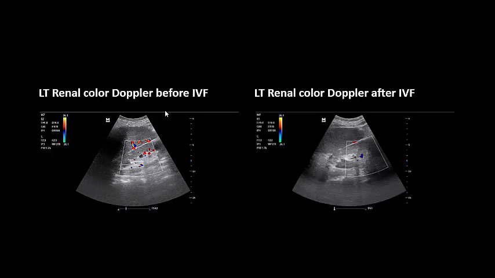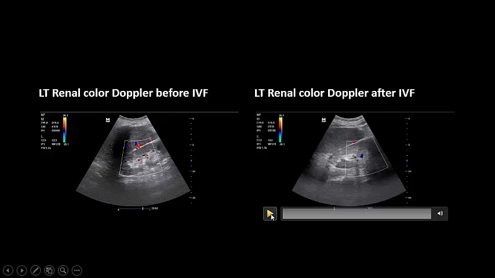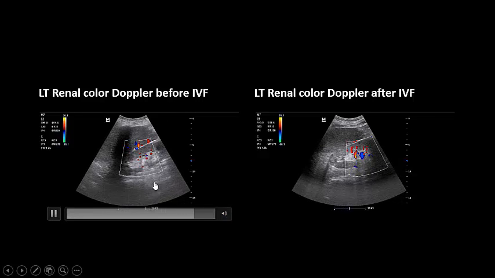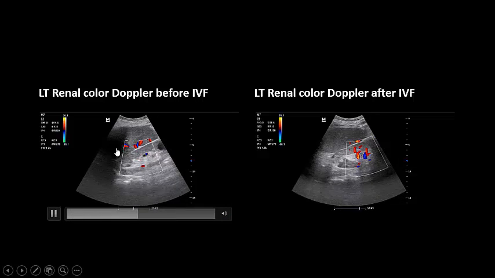Usually, with a shocked patient, you will see this. When you fire the color Doppler in the kidney, you will see this feeble, subtle flow.